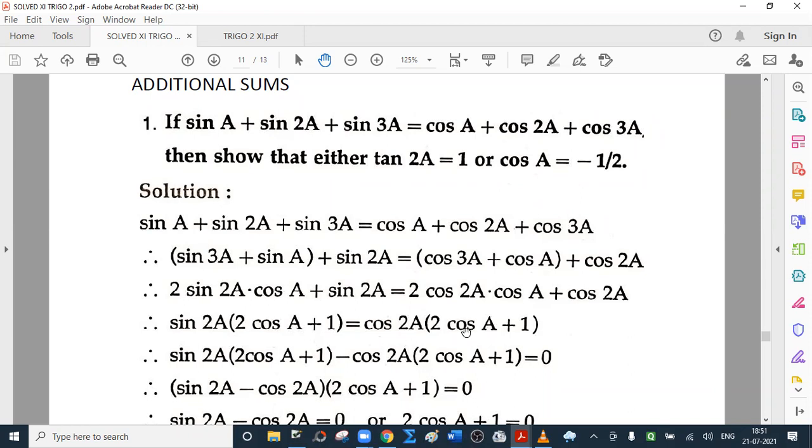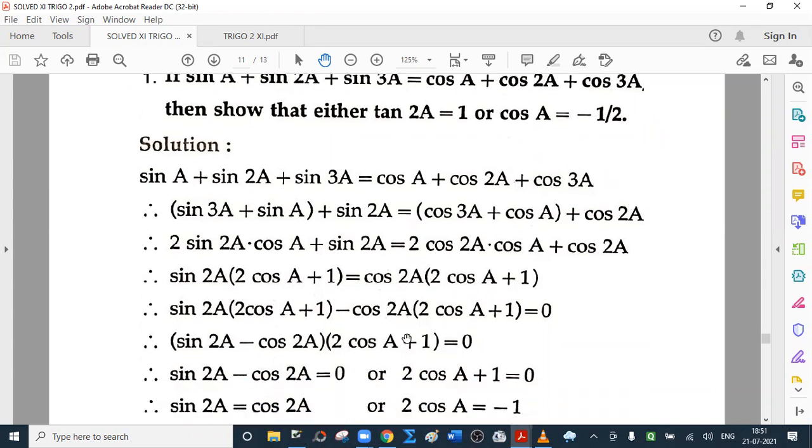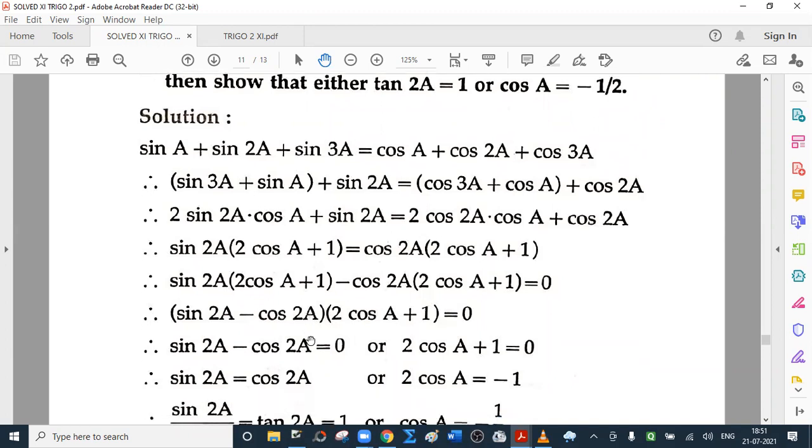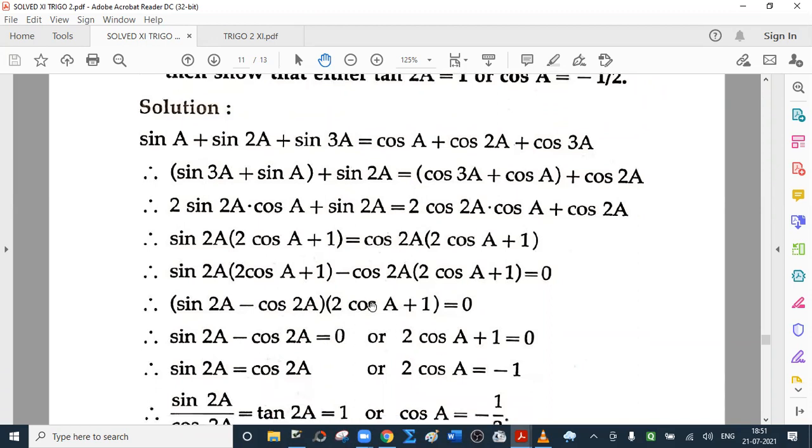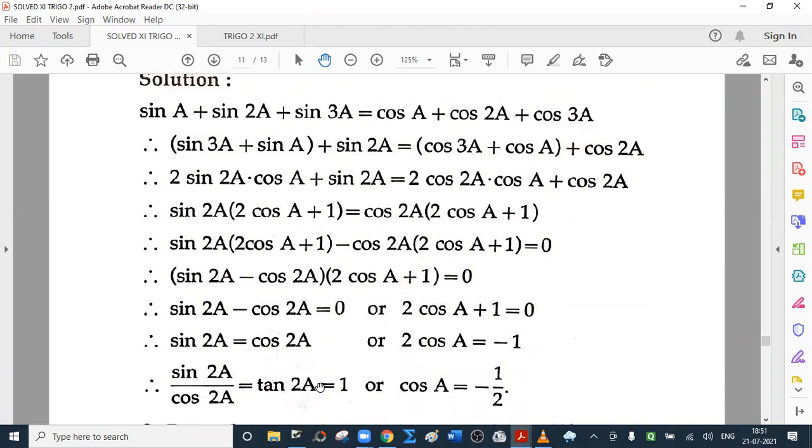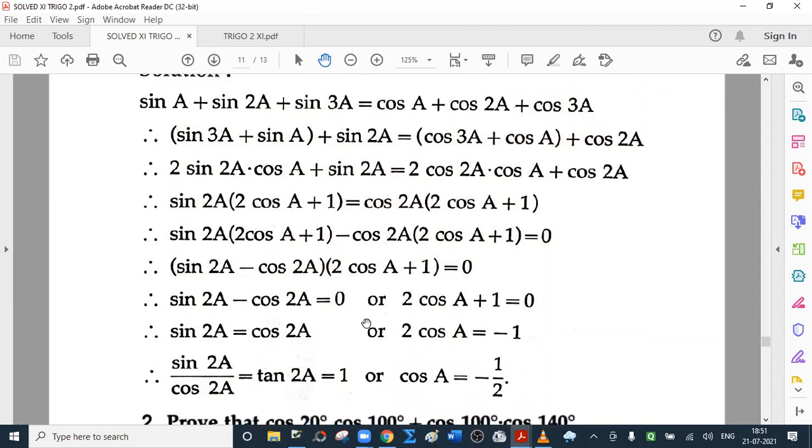But this can be. So bring this term to the LHS, take this bracket common to get in another bracket sin 2A minus cos 2A. So either this is 0 or this is 0. So that gives me tan 2A equal to 1 or cos A equal to minus half.